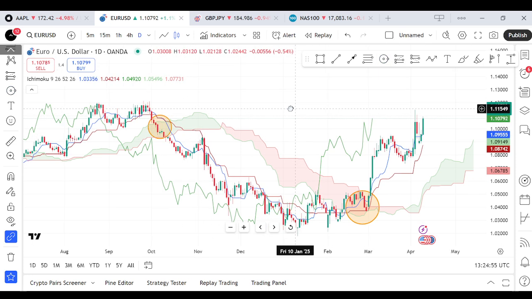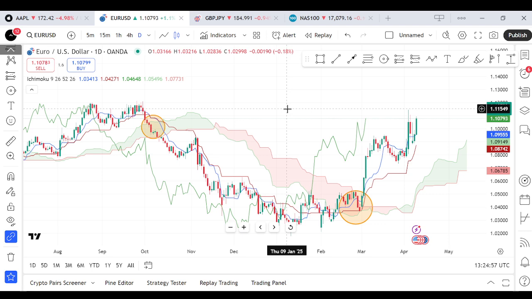Now, another confirmation you can check for is the conversion line. Check if the conversion line and the baseline have done a crossover, above for a bullish signal, or below for a bearish signal. The conversion line, which is the blue line, should cross above the baseline for a bullish signal, and you can see that happening right here.